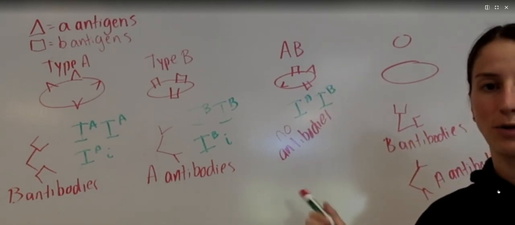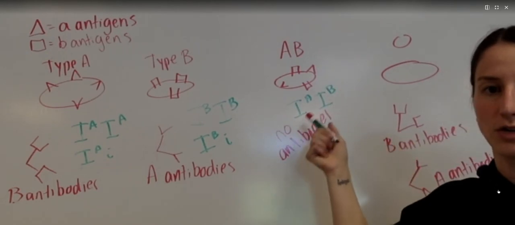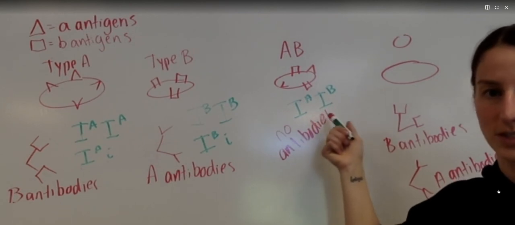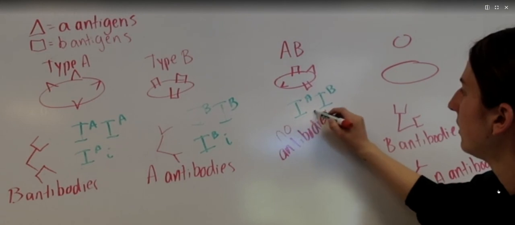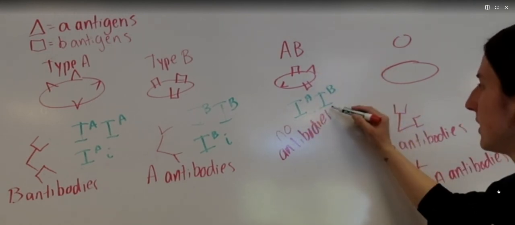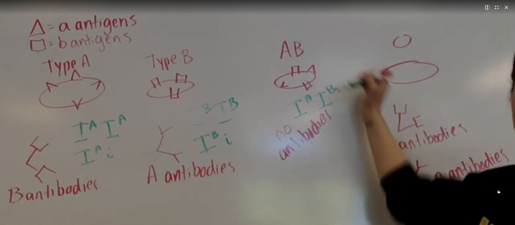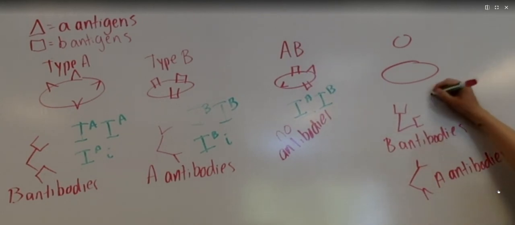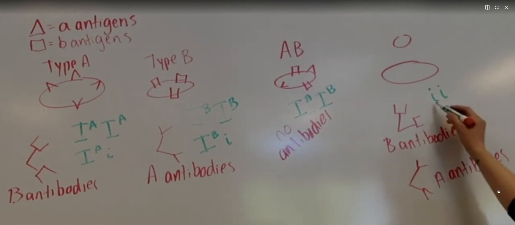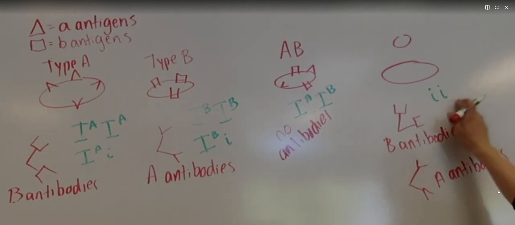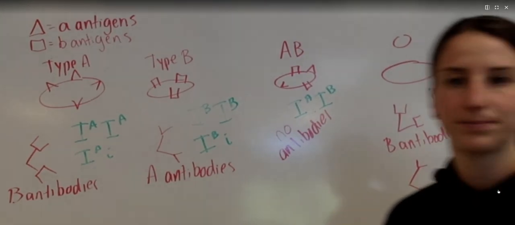Both dominant alleles are being expressed. So this allele is making A antigens, this allele is making B antigens. O-type blood, only one option, two recessive alleles. And neither of these actually makes an antigen, so you just don't have antigens on your blood cells.